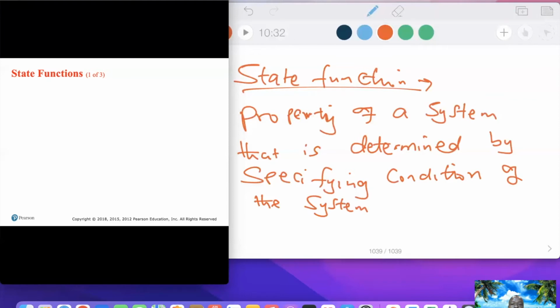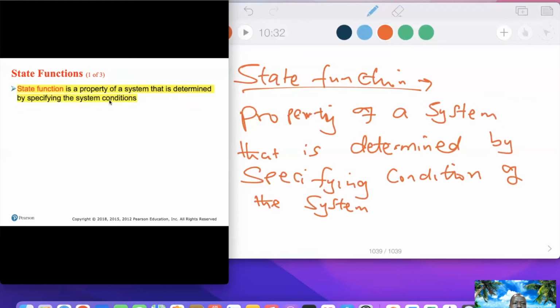Unless you specify the condition of the system, there is no way you will know. It only depends on the final and the initial state of the system.